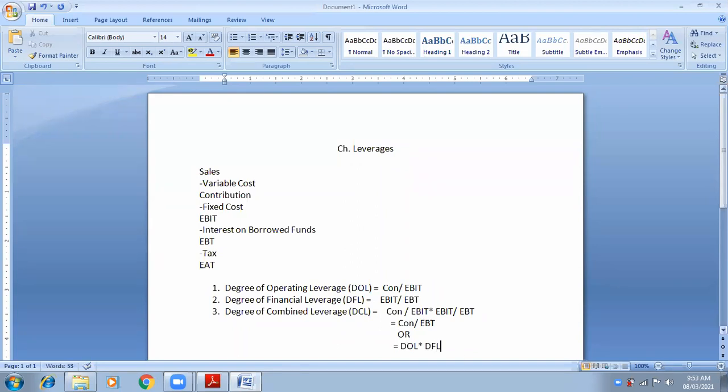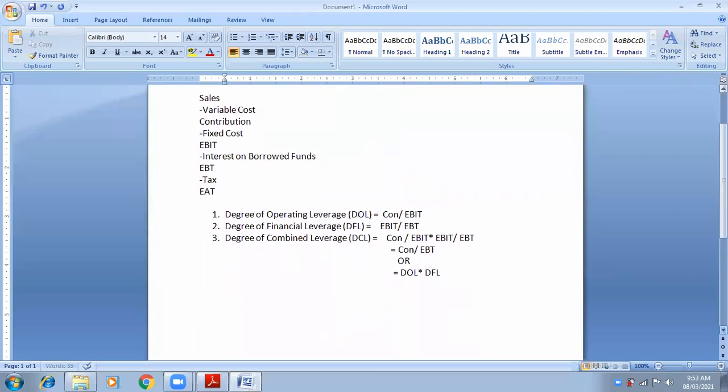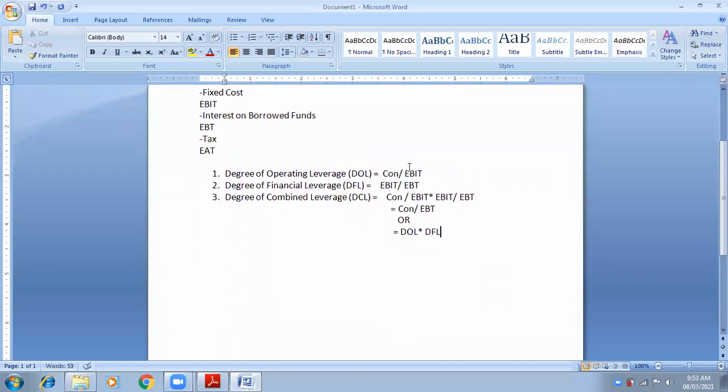See, it is a combined leverage. Combined means both answers will be taken. The answer of DOL after applying the formula of contribution upon EBIT, and the answer of DFL after applying the formula of EBIT upon EBT. Both the answers will be taken and multiplied with each other. The answer will be DCL.